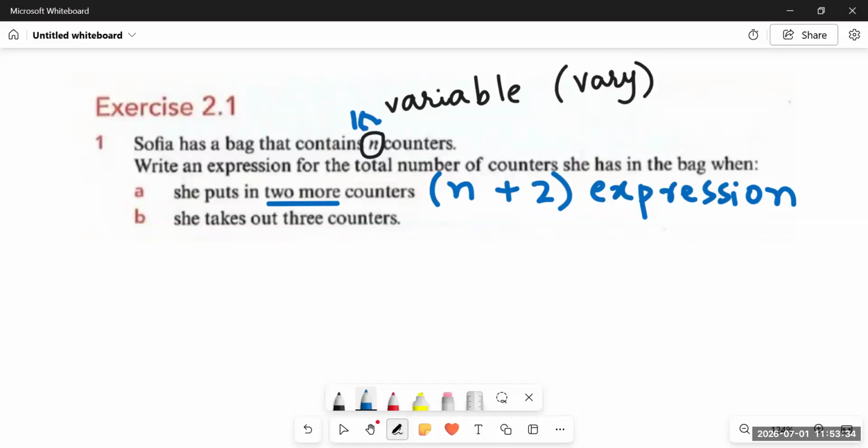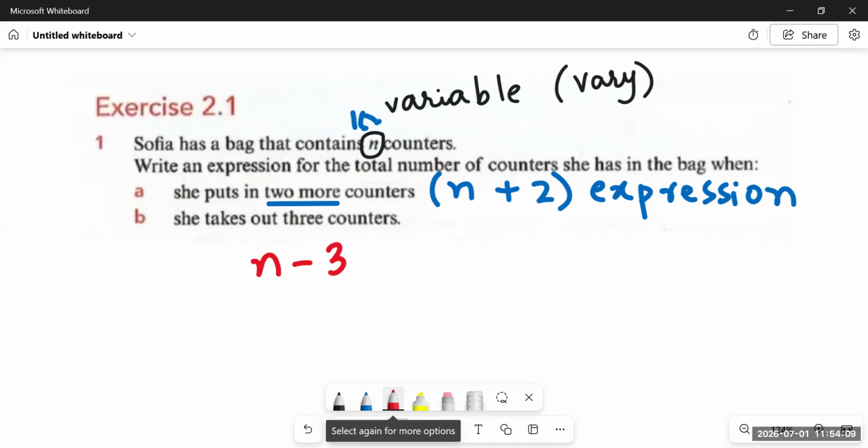Initially, she had n counters, and then she takes out three. Let's say she had 10 counters initially and she is taking out three, so it would be 10 minus 3. But since she had n counters initially, and she is taking out three counters, she'll be left with n minus 3 counters. Okay, my dear students, I hope it is now clear. So it will be n minus 3.